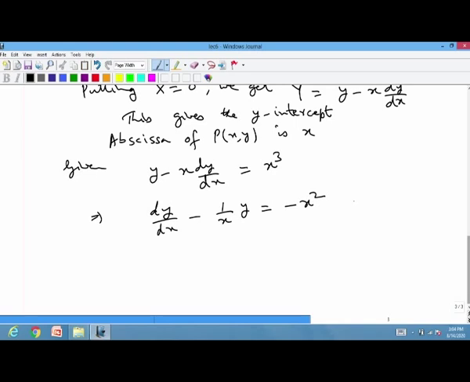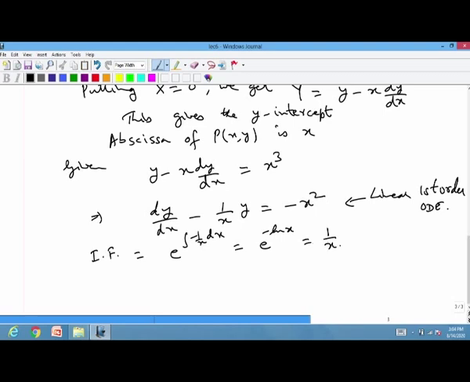Now, this is a linear first order ODE. So, we know to solve this, we need to find the integrating factor, equal to exponential of integral of p(x) dx, so minus 1 by x dx, which is e to the power minus log x, which is equal to 1 by x.